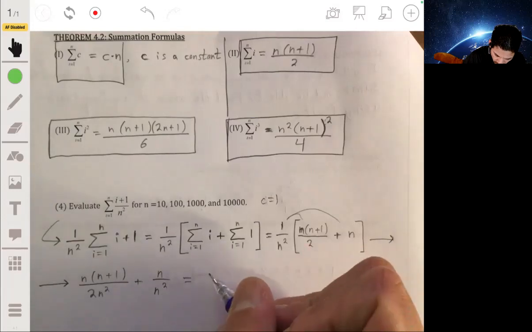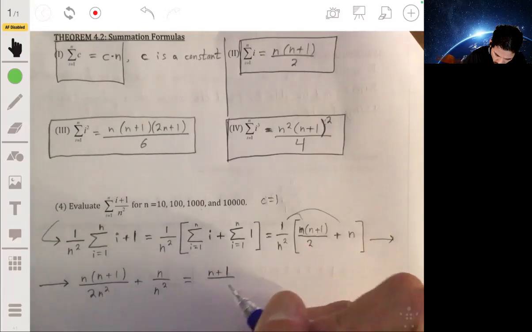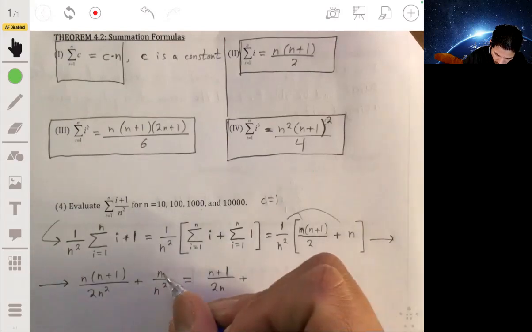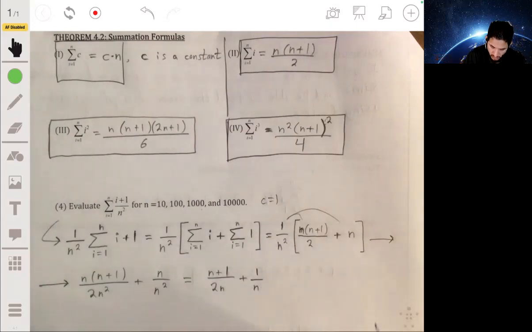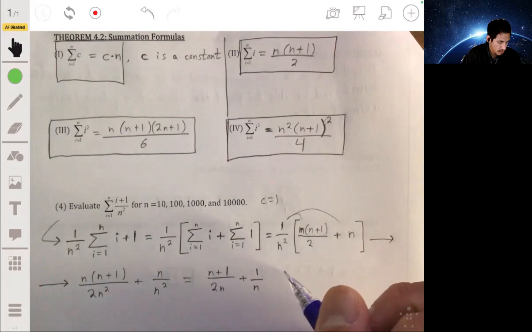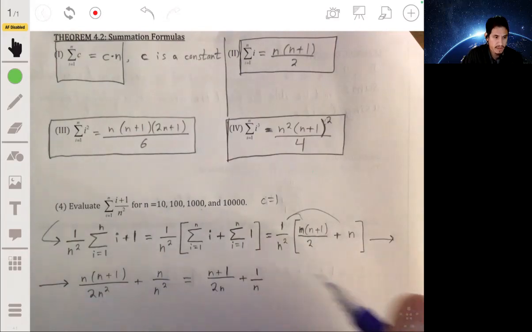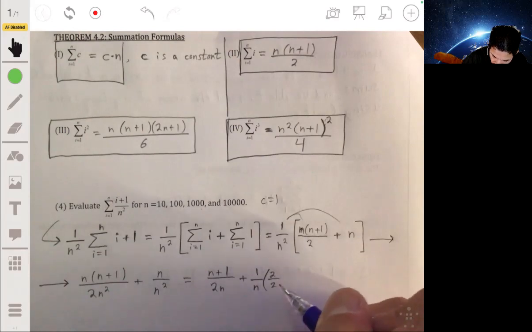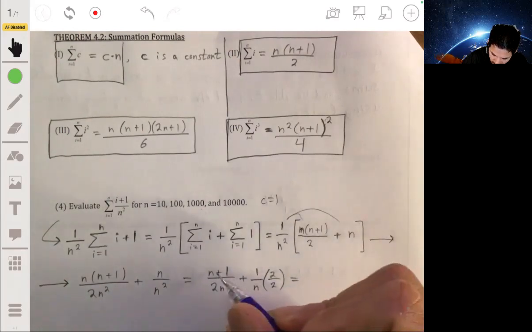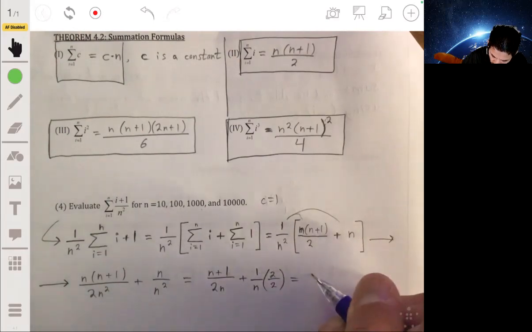You can then have n plus 1 over 2n. Here you can factor out n as well, plus 1 over n. And if you want, you can combine them, or you can just leave them like this, but I'm just going to combine them. So I can multiply this by 2 over 2. So then this will be n plus 1 plus 2. So on top, I'm going to have n plus 3 all over 2n.